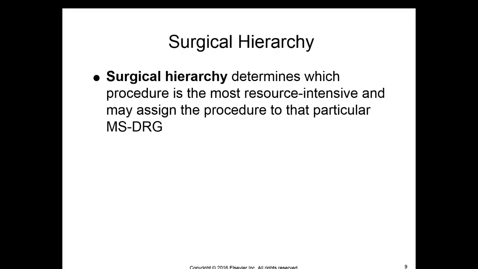In this example, the breast biopsy is sequenced first and then the mastectomy. But even though the coder did that, the grouper knows to resequence it, and it still assigns the appropriate DRG 582, mastectomy for malignancy.